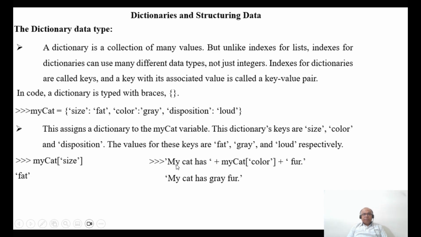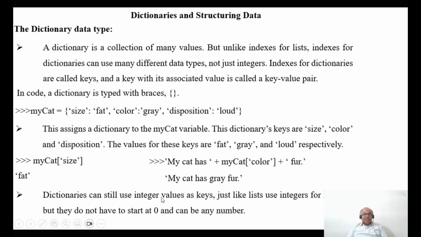I can use 'my cat has', which is a string, then a space, then plus myCat, open the square brackets, and give the key, which is color, then plus fur. It automatically accesses the value of the key color, which is gray, and the gray will come here with fur.